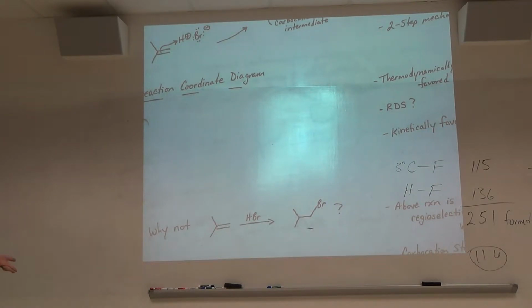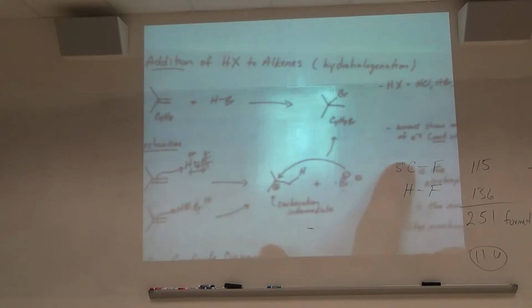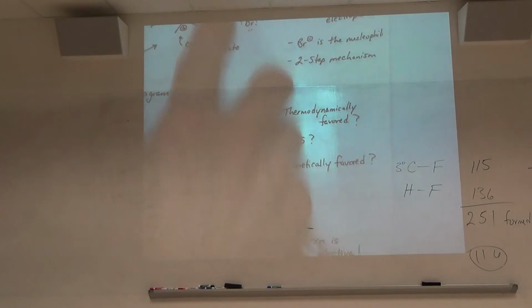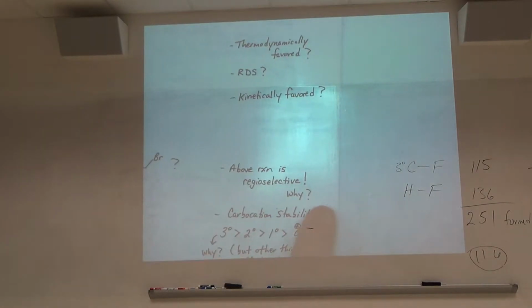And you say, hey, look, this isomer was formed selectively. It's just a constitutional isomer. Regioselectivity. Why was this reaction regioselective? Because of the carbocation stability. We've already said that a couple of times.